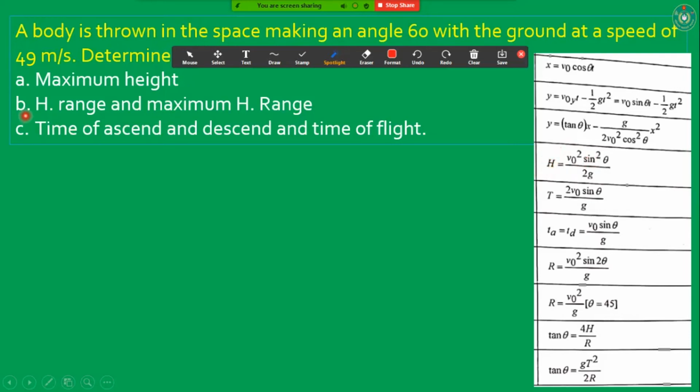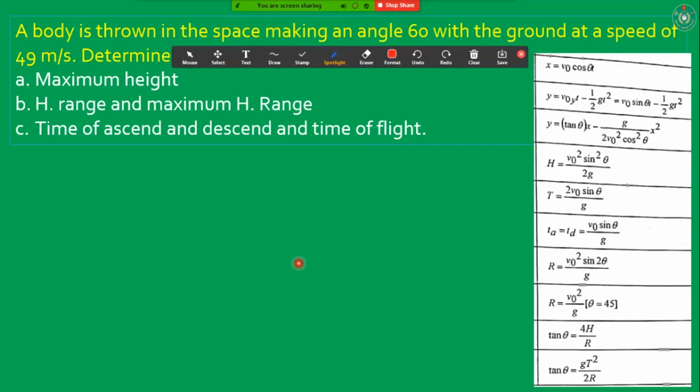Number B, horizontal range and maximum horizontal range. For horizontal range, this equation is applicable: v naught square sine 2 theta divided by g. And maximum horizontal range is v naught square divided by g. By these two equations, you will be able to determine the horizontal range and maximum horizontal range.